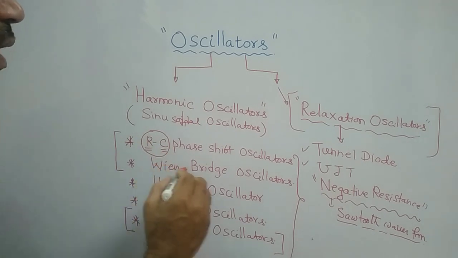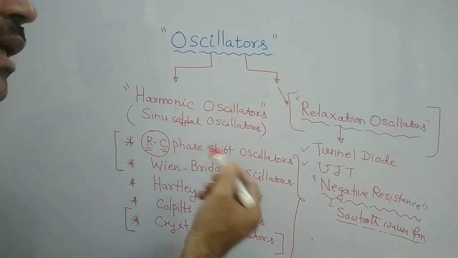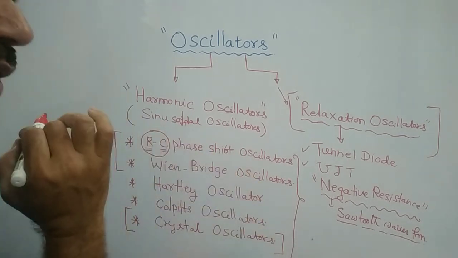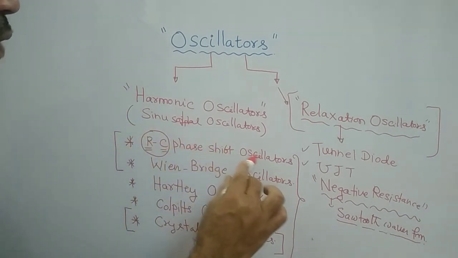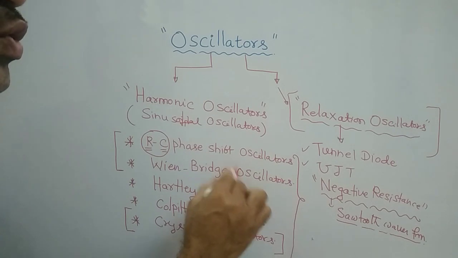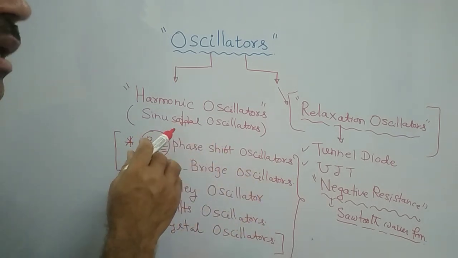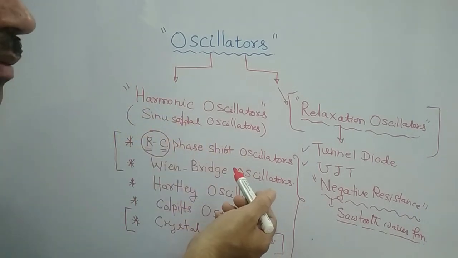Similarly, the Wien bridge oscillator also uses resistance and capacitance elements in its feedback network. Therefore, these first two oscillators use resistances and capacitances in the feedback network.